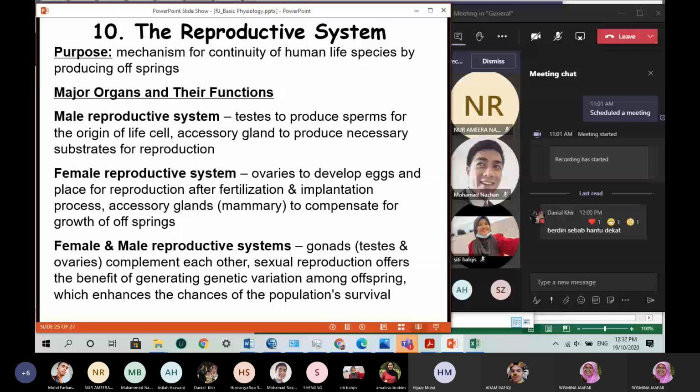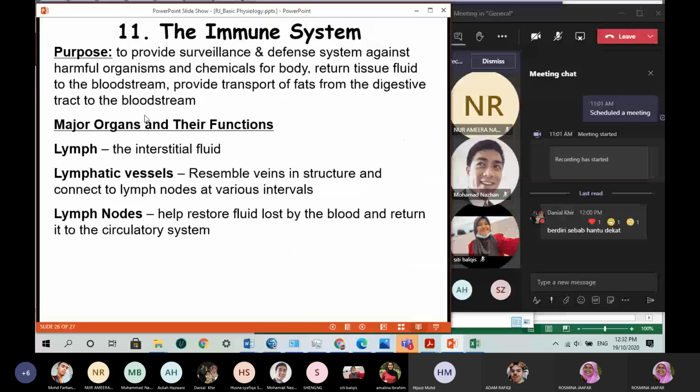And then the immune system, the last system, where it provides surveillance and defense against harmful organisms and chemicals of the body.